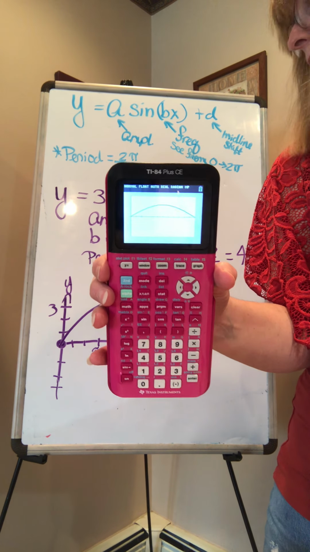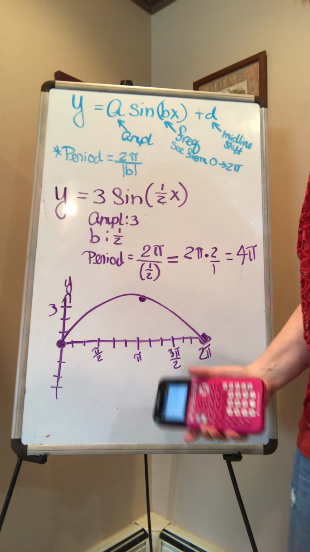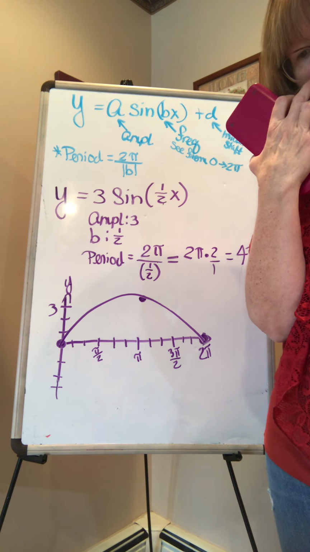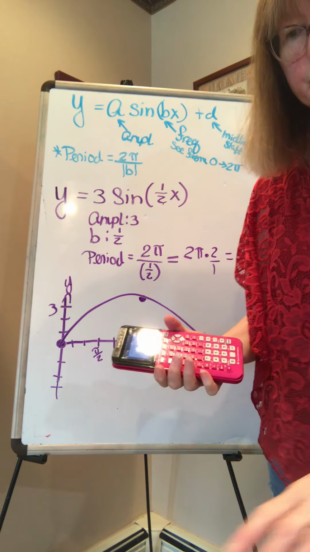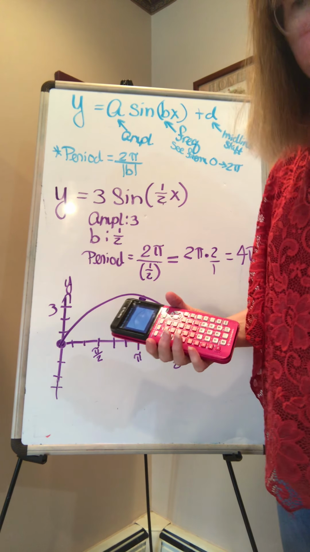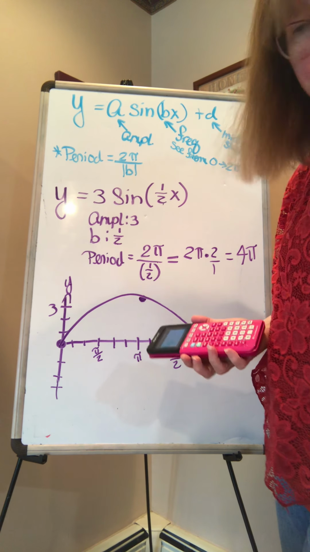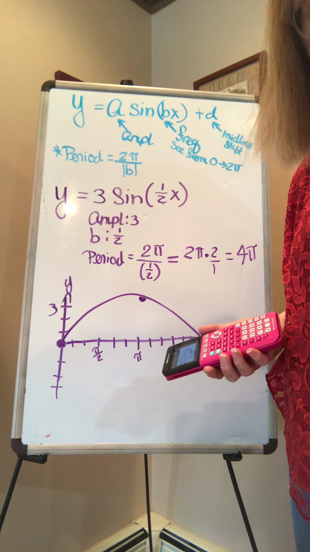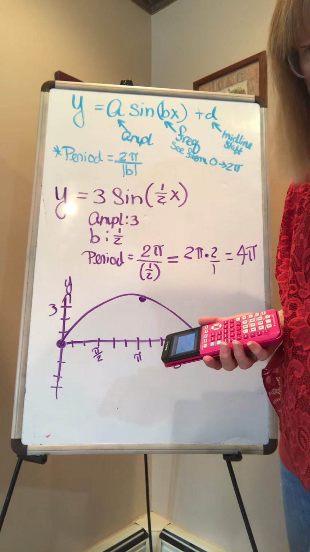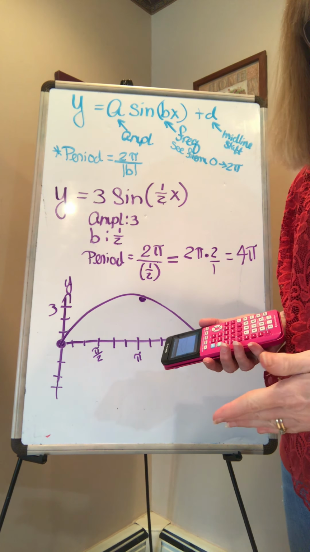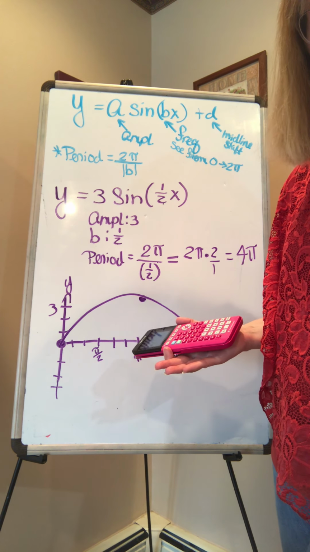You can check every single graph and see if you're doing it right. It's always helpful, because if you now look at the next question, I'm asking you to graph 3 cosine of x.